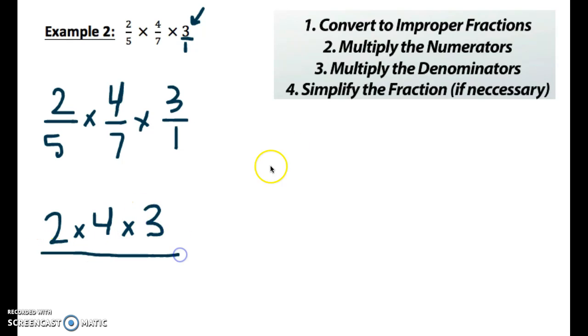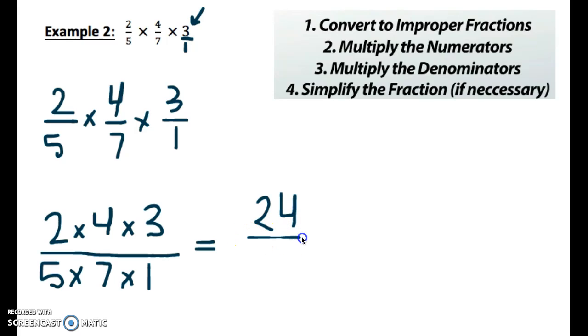And all of my denominators for step 3 are going to be 5 times 7 times 1. Okay, so then if we multiply these along, 2 times 4 is 8 times 3 gives us a numerator of 24. And in the denominator, we have 5 times 7 times 1, which is 35.